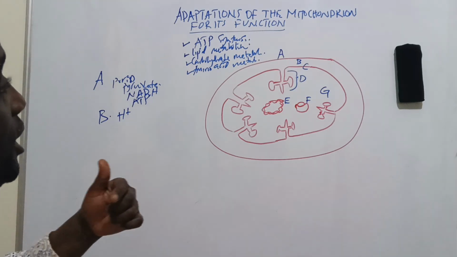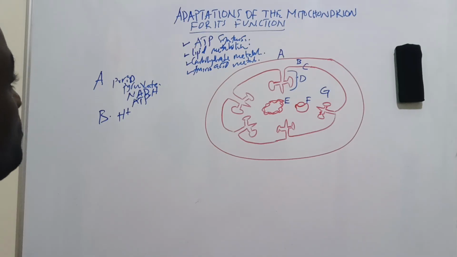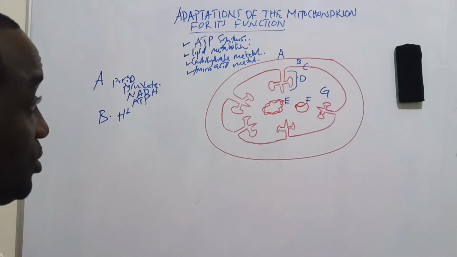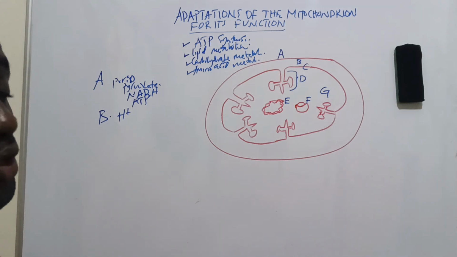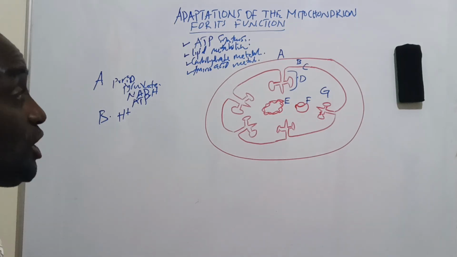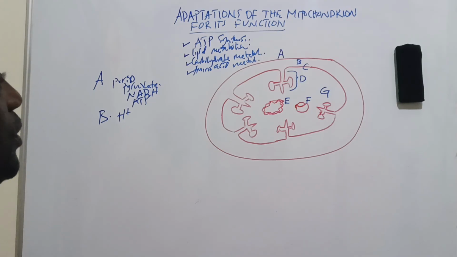It has a lot of protons there. These protons are the ones involved in ATP synthesis as they diffuse through the channel of the enzyme ATP synthase. So the energy they possess is transformed into kinetic energy, and in turn kinetic energy is coupled into ATP synthesis. That is very important.